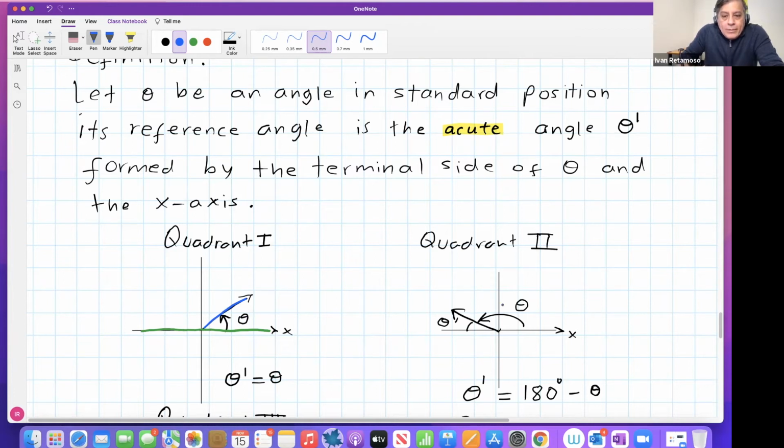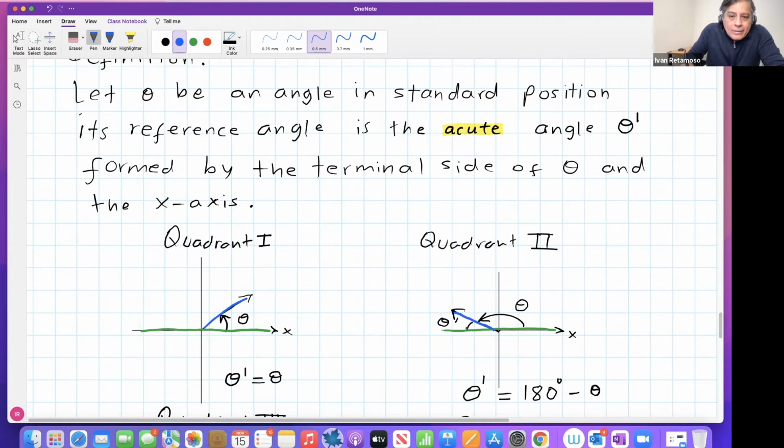Now, however, when you are in the second quadrant, there is a formula that you will have to use to get your reference angle. Again, following the definition, the reference angle is the angle formed by the x-axis and the terminal side, right? And you may say, Professor, there are two angles there. This angle and this angle. Which one?